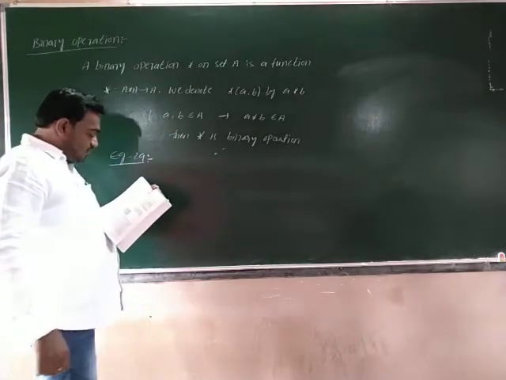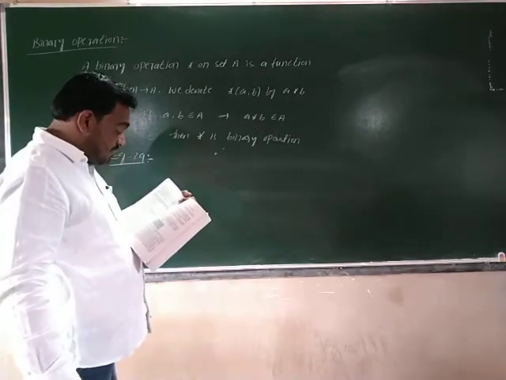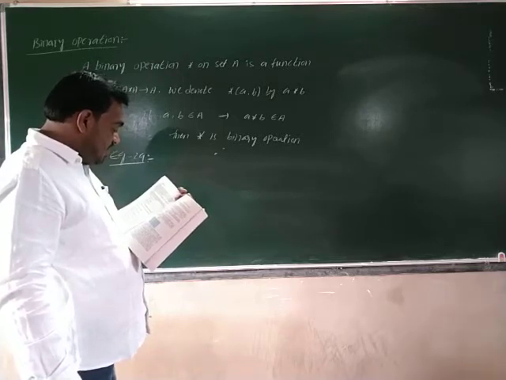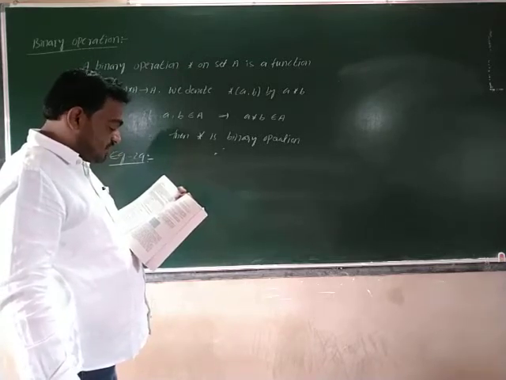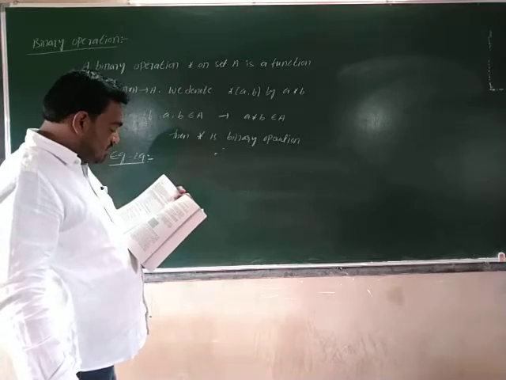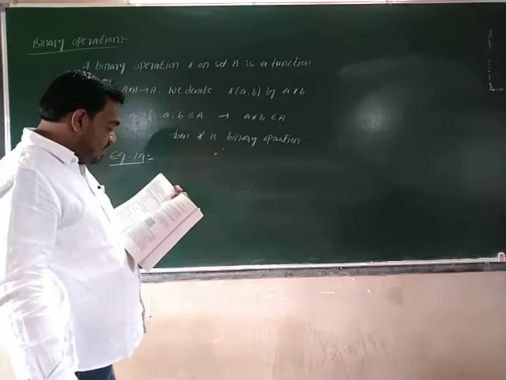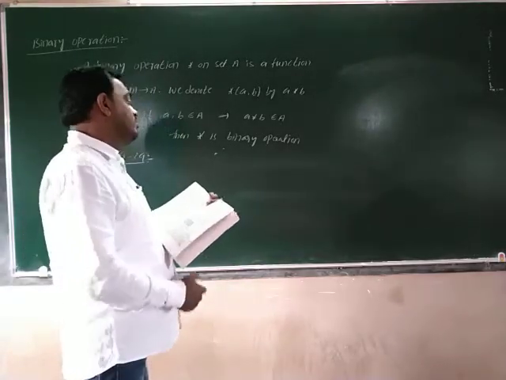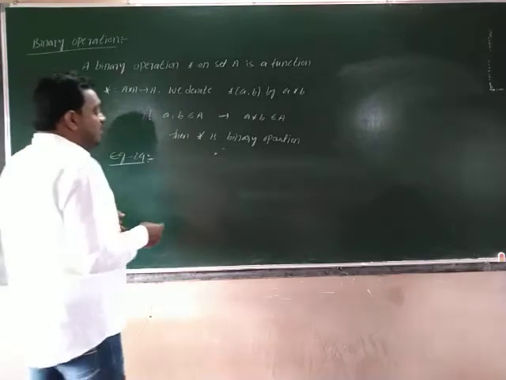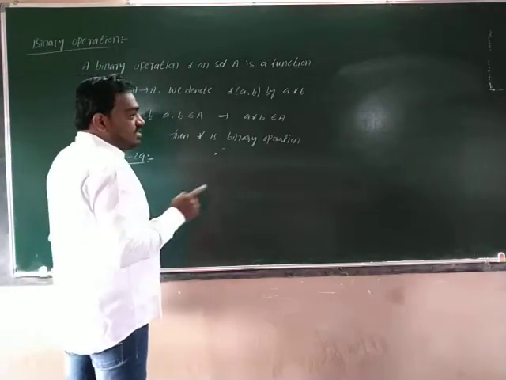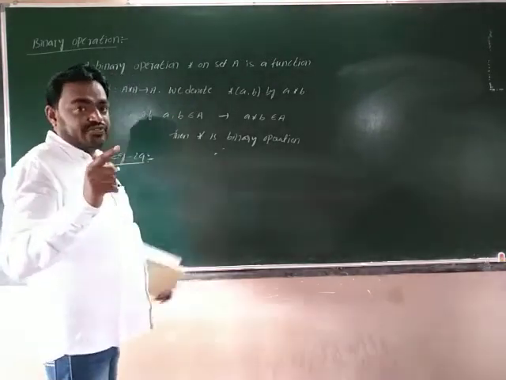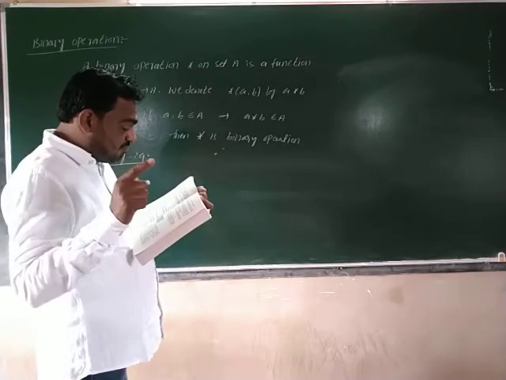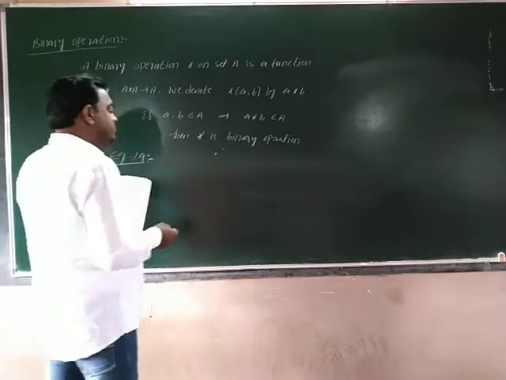Show that subtraction and multiplication are binary operations on R, but division is not a binary operation on R. Further, show that division is a binary operation on the set R star of non-zero real numbers. So what do I have to show? Star is a binary operation on R for which operators? Addition, subtraction, multiplication.